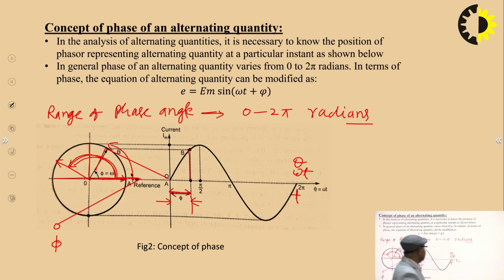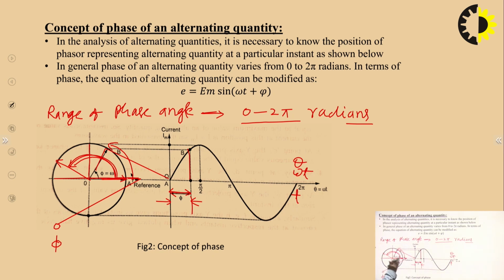So the phase angle is continuously varying between 0 and 2 pi, and at a particular instant it is constant. Like at this instant the phase angle is 90, at this instant 180, and at this instant 270. So this is the meaning of phase angle of an AC quantity.